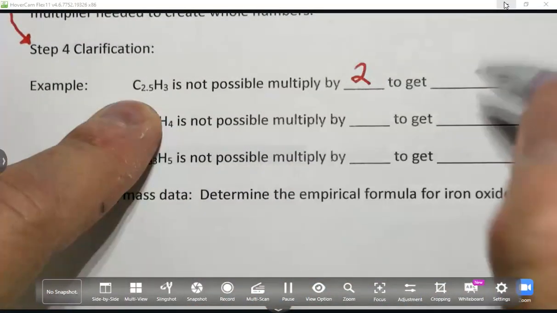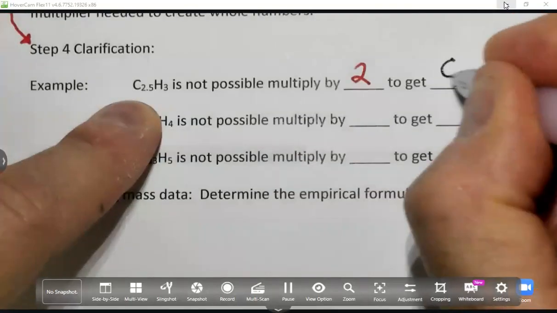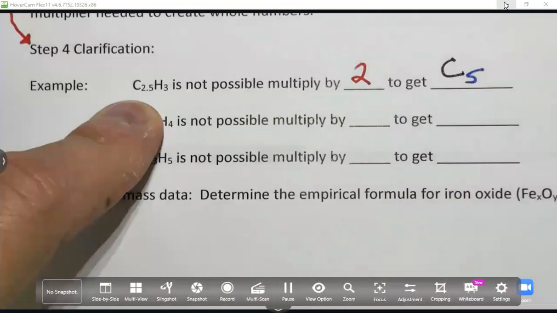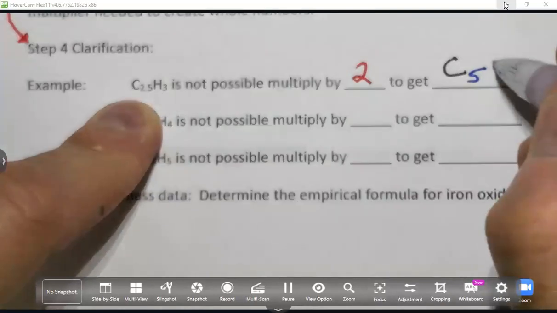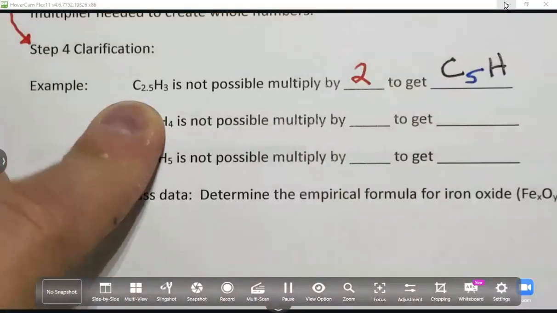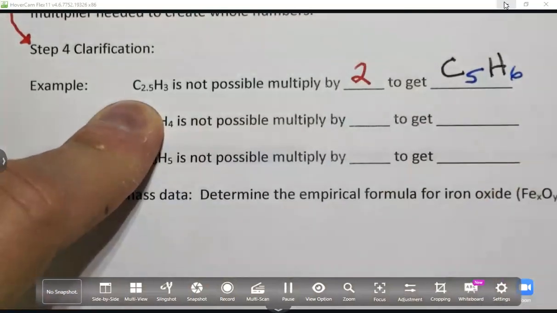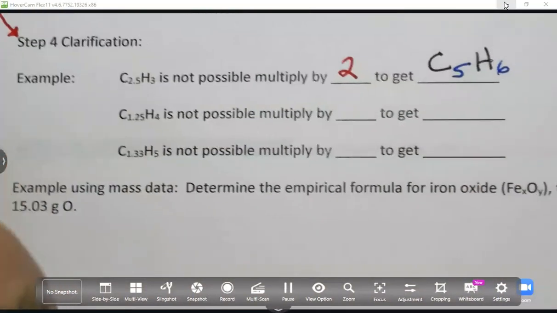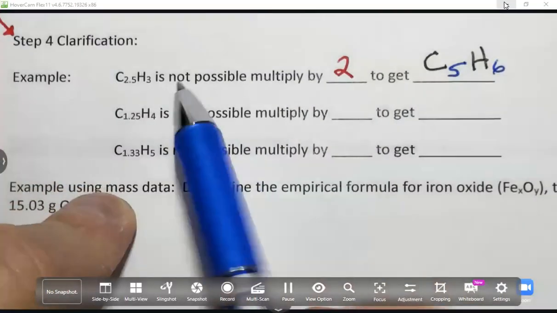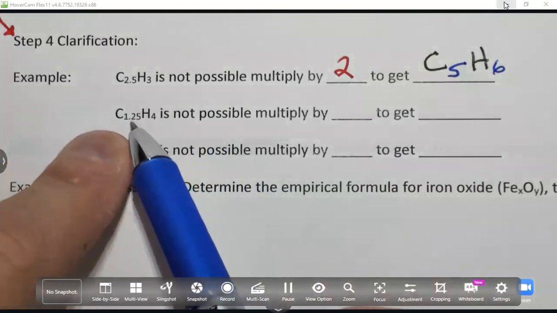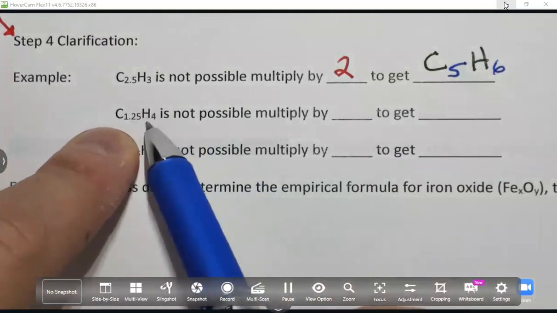You can go from 2.5 to 5, right? And then hydrogen is also going to get multiplied by 2. So we end up at C5H6. We're just creating whole numbers. And whatever we apply to one number, we have to apply to both.